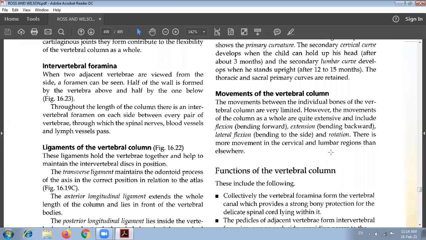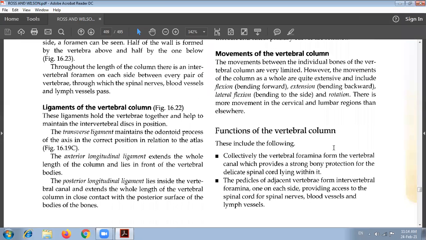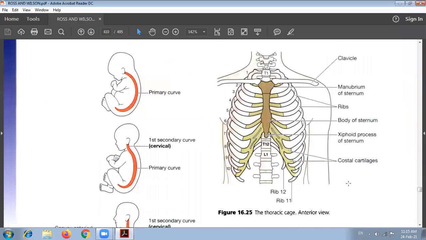The functions of the vertebral column, collective functions: the vertebral foramina give passage for our delicate spinal cord. Then the pedicles of adjacent vertebrae form the intervertebral foramina, providing access to the spinal cord for spinal nerves, blood vessels, and lymph vessels.